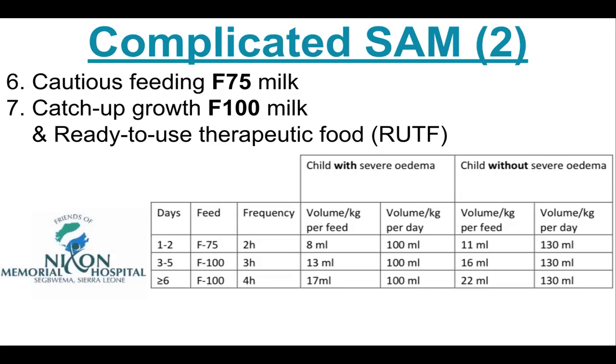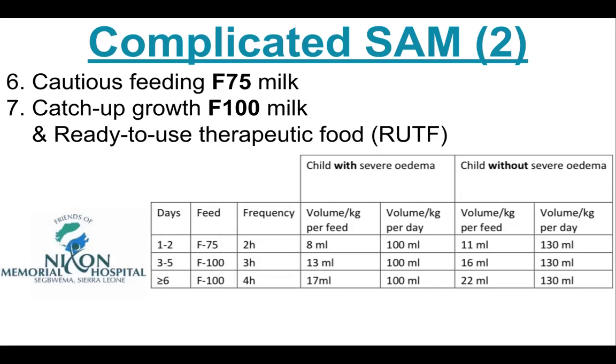So after that, starting from the third day, we will switch to F100, but the frequency will decrease to every 3 hours. The volume is 130 ml per kilogram per day.